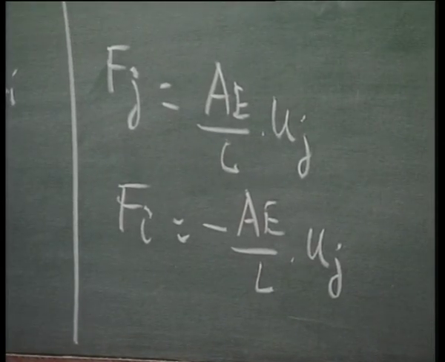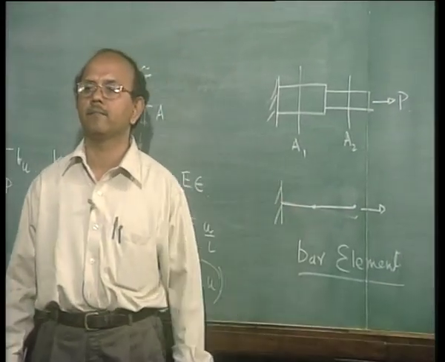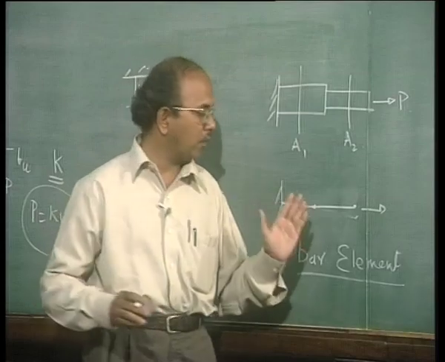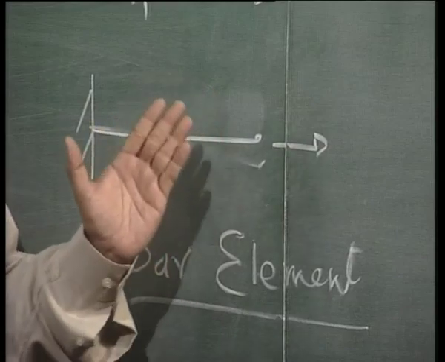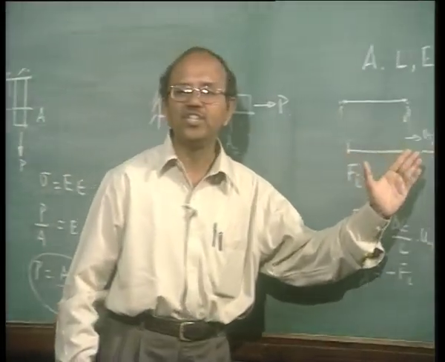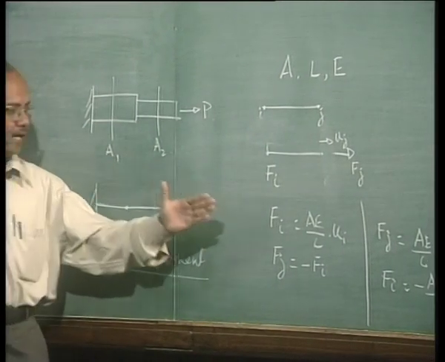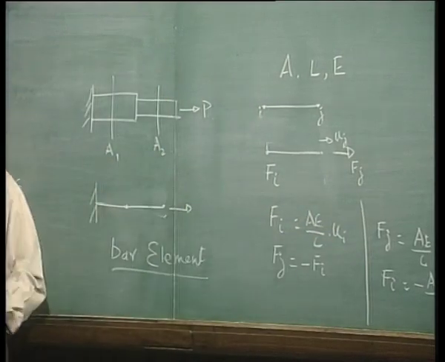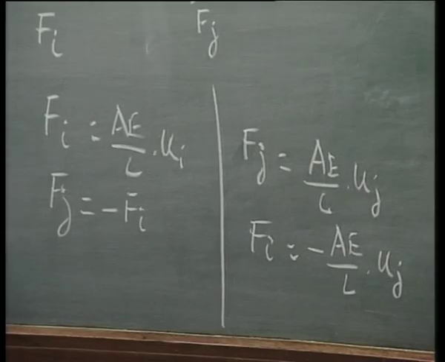Now, coming back to my problem here, this particular bar has two nodes and is in a position where both the nodes would start displacing, or in other words, ui and uj exist for this element. Since I have derived in a very simple fashion what Fi and Fj are when one or the other is fixed, it is possible for me to straight away get to a situation where both ui and uj exist.